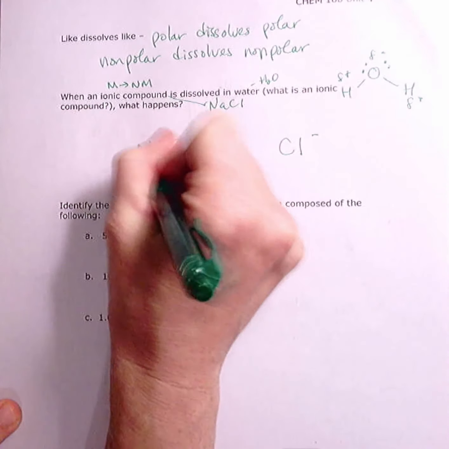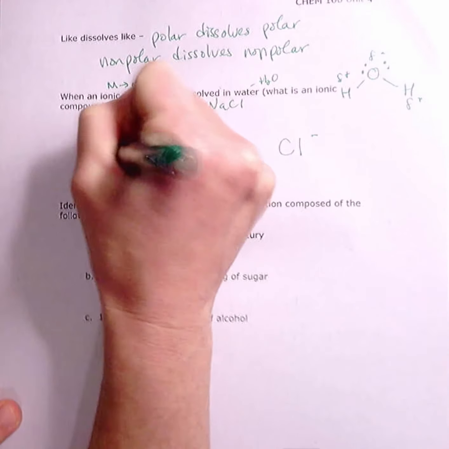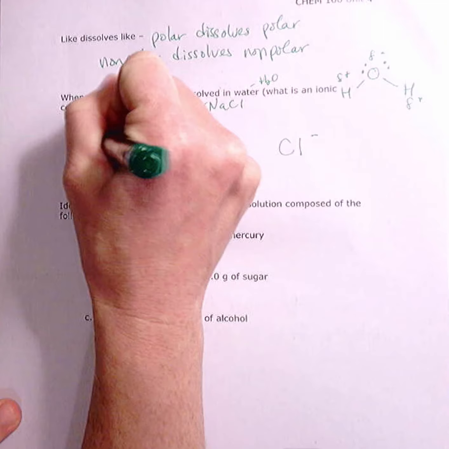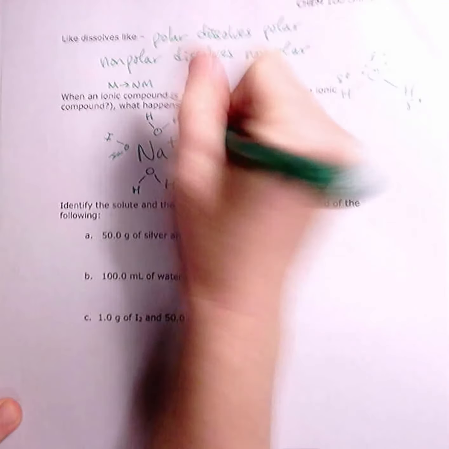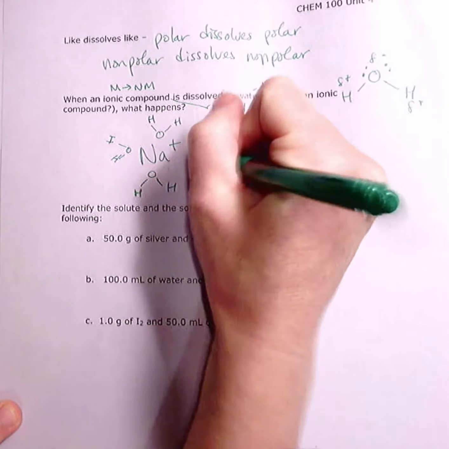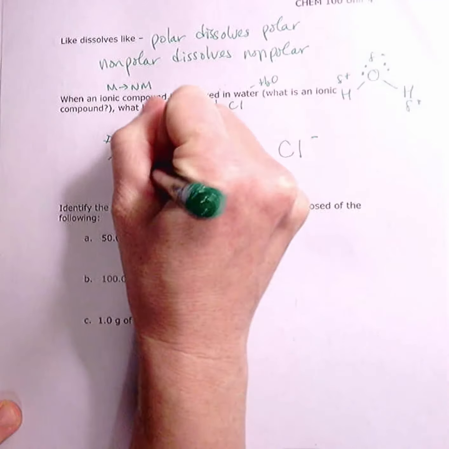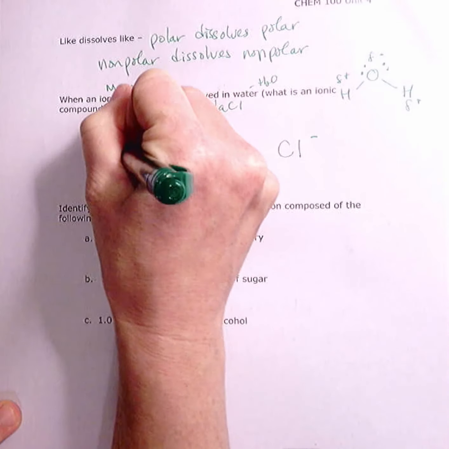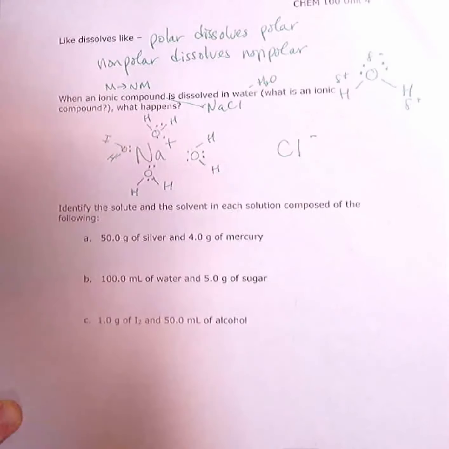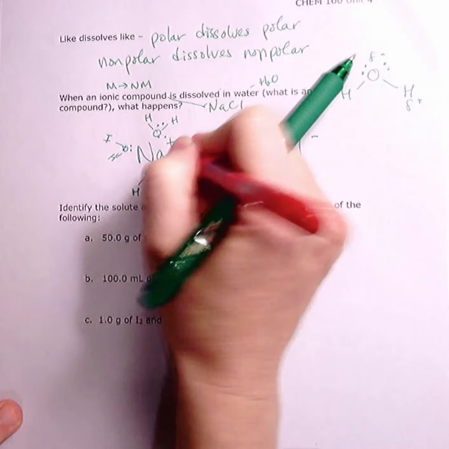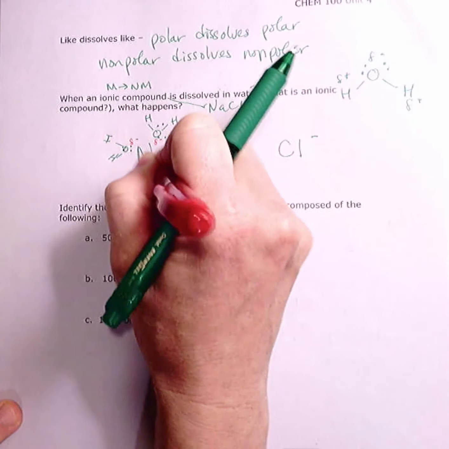So water will align itself around the sodium ion like so, because the oxygens like being around that positive charge, because the negative on the oxygen is attracted to that. You hear opposites attract, and that's certainly the case here. So these little partial negatives, that's why they align that way.